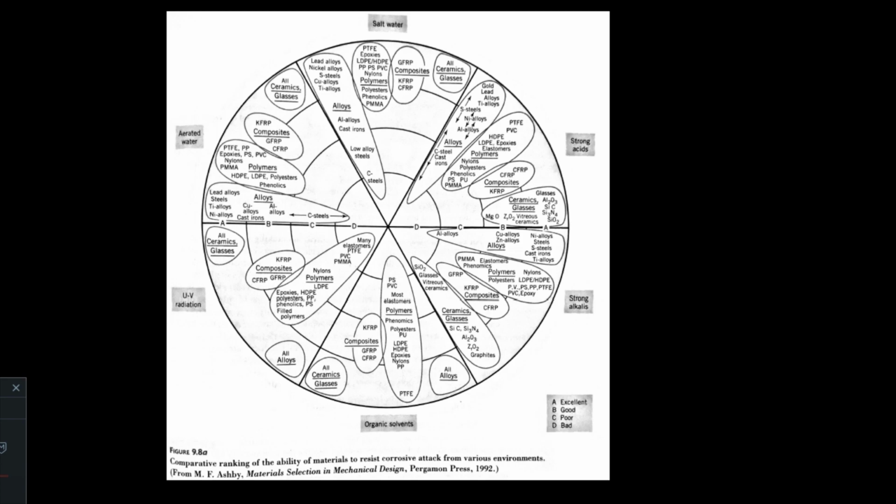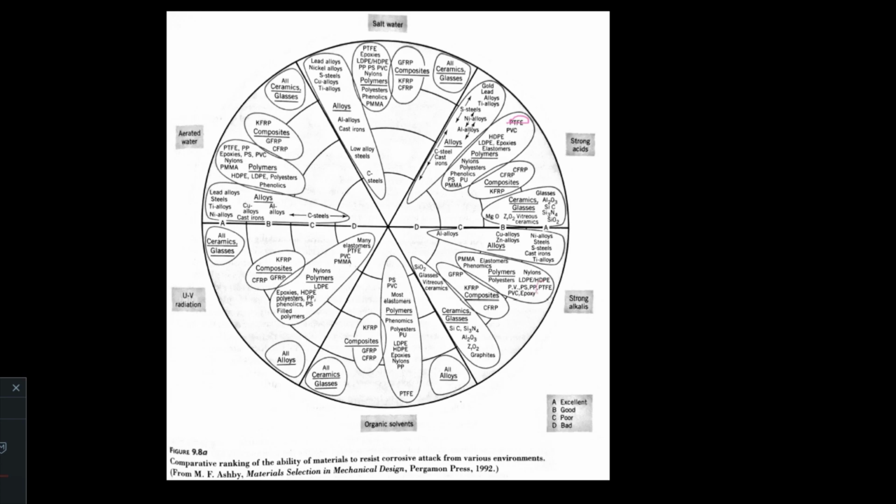Teflon also performs well when there's strong acids.